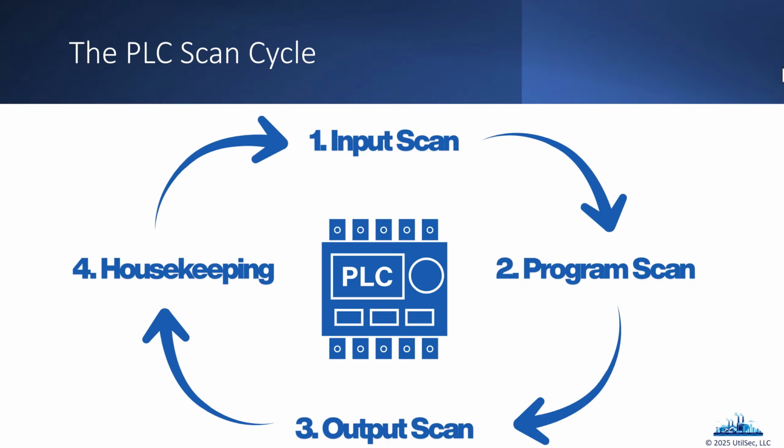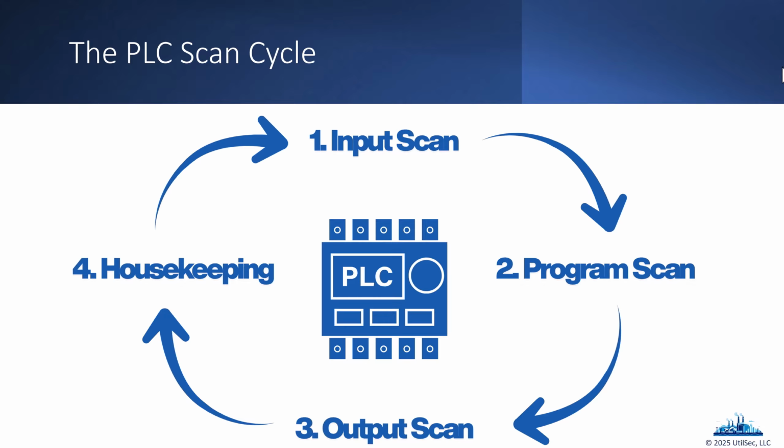Then we run the logic to say, hey, if the temperature in the room is higher than the desired temperature, the set point, turn on the air conditioner. To turn on the air conditioner, we have to send the signal to the air conditioning unit via the output. So that takes place during the output scan. So we have input, program scan, output. And then we'll go through housekeeping.